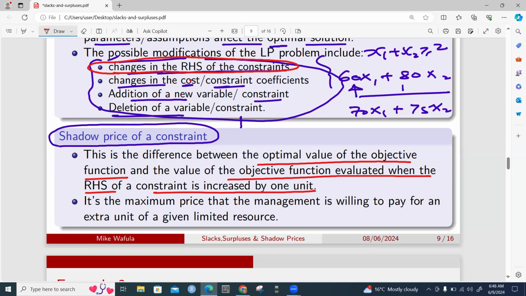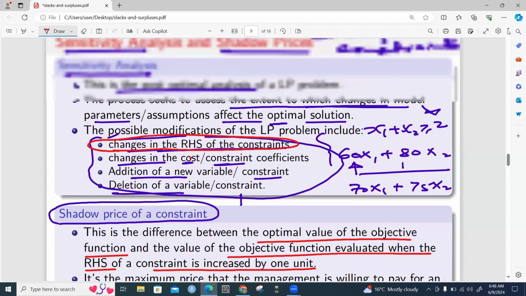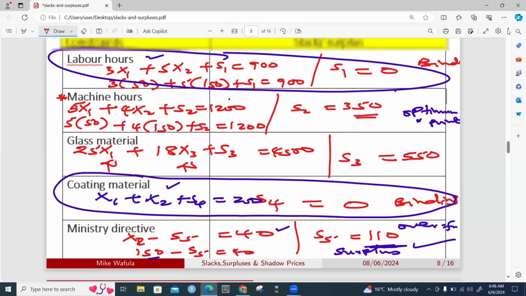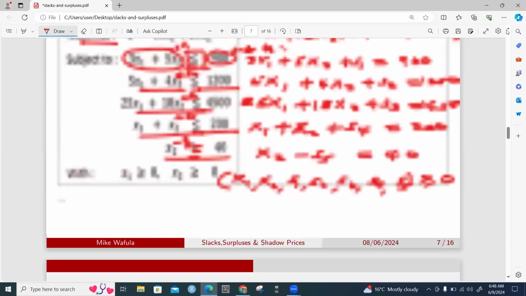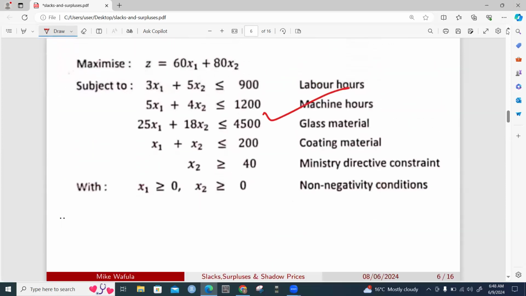In the previous example, we identified two binding constraints.